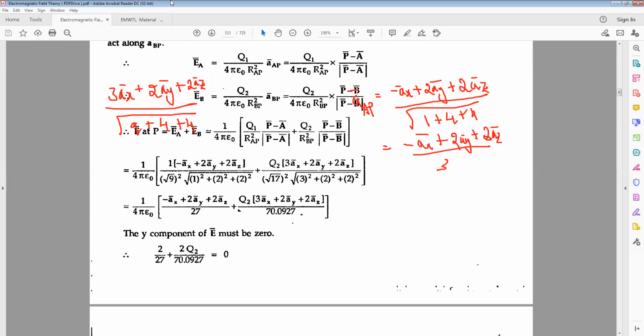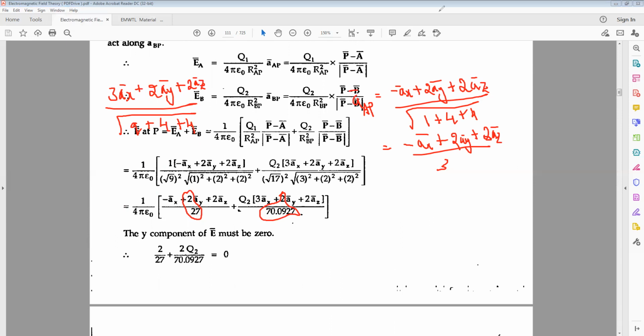So let us see in the Y component, what is the coefficient? 2 by 27. And similarly in this AY bar the coefficient is also 2 by 70.0927, and the Q2 here.